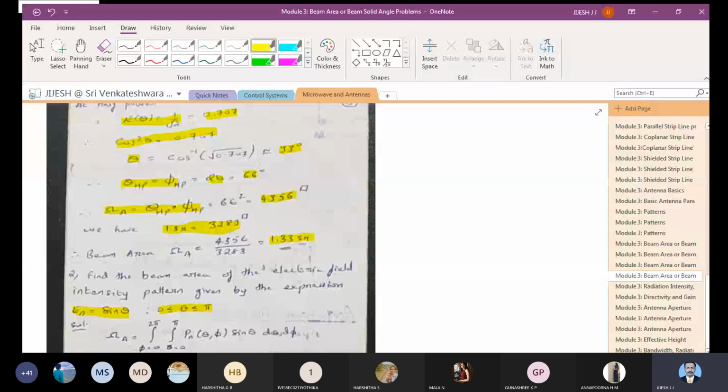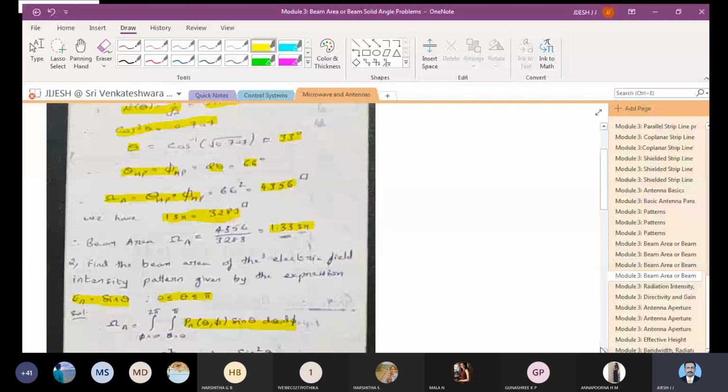It's just the integration: substitute, do the integration, and find the answer for sine cube theta d theta d phi. Nothing here is too much with respect to antennas. If you use the equation, it is done with the antenna. It's all mathematical simplification. What you're going to do is integration, substitution, trigonometric relations.